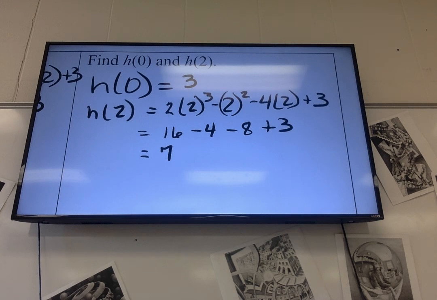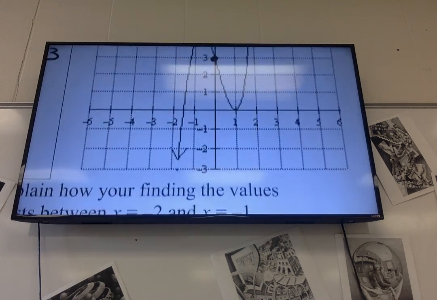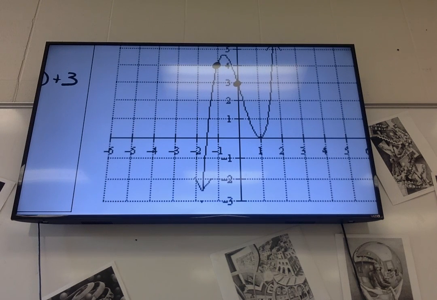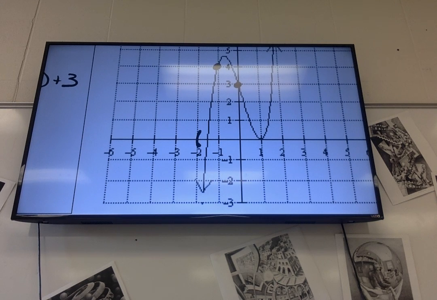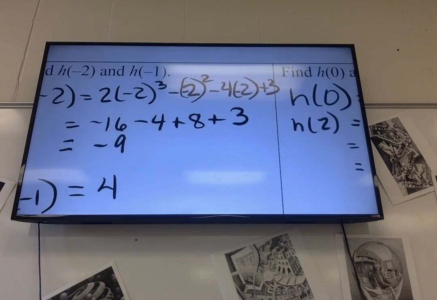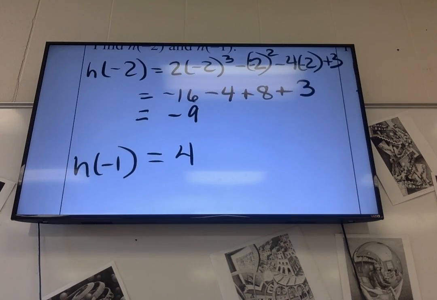Okay. So below this, now we're going to use that bit of information. It says from the graph, clearly h of x has a 0 between -2 and -1, because it crosses the x-axis, right? Explain how finding the values of h of -2 and h of -1 numerically shows that there's a 0.